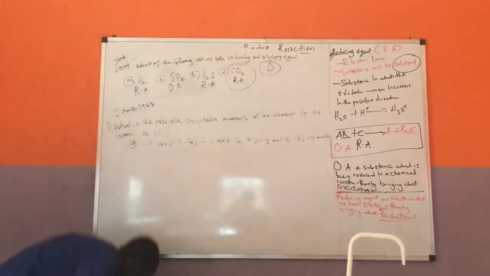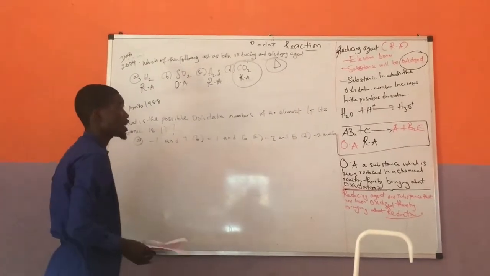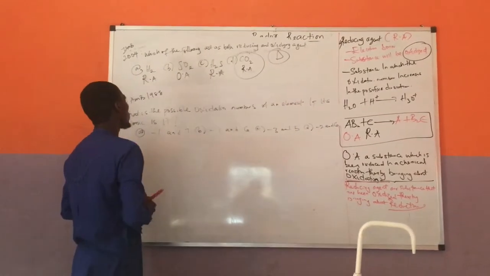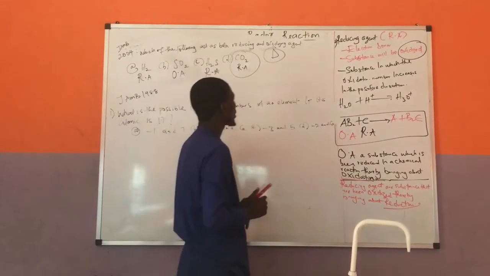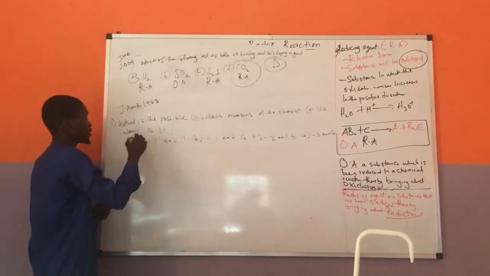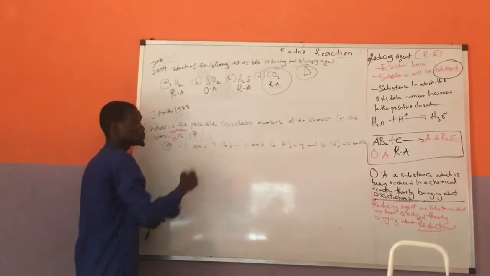So now this question we'll play it now. Listen. What is the possible oxidation number of an element if its atomic number is 17?